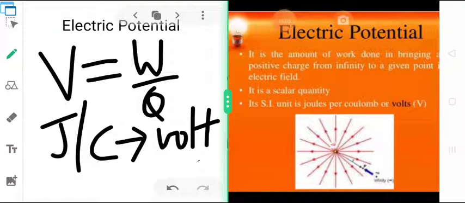This unit is named after the famous scientist Sir Alessandro Volta, who was a pioneer in inventing the first ever cell, the voltaic cell, about which we have studied in class 8. So in his honor, the unit of electric potential is called volt.